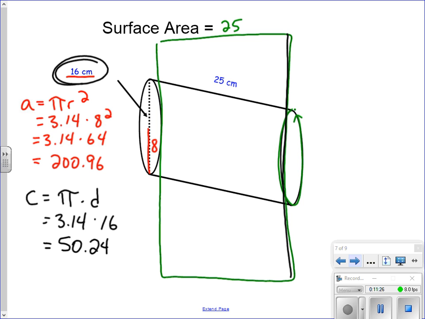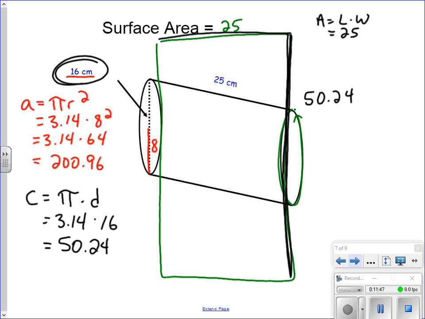Leave that in your calculator, don't erase it. So this length is 50.24. Again, that's from here to here. And I'm going to times that by 25, because that's length times width for the area of a rectangle. So that's 25, which is the width of the tube, times by the actual length of it when I unrolled the paper, which is 50.24.